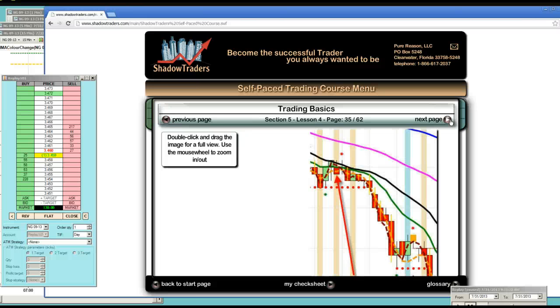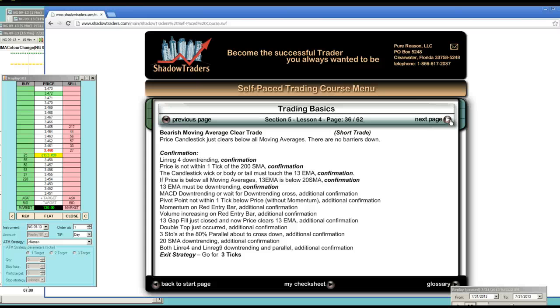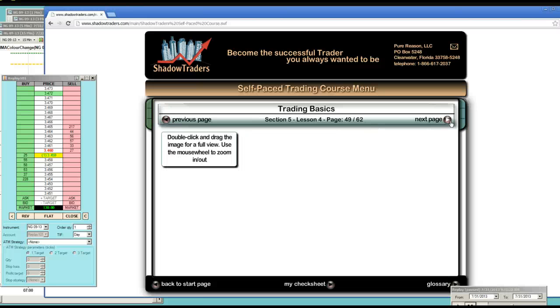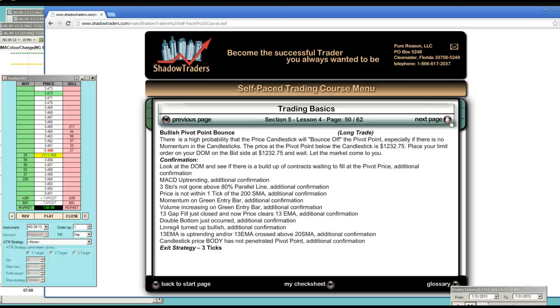Reversals. Reversals are your perfect trades, guys. Those are your perfect trades. It's all in there. You want to go through, I'm just trying to say they talked about the 200 there.